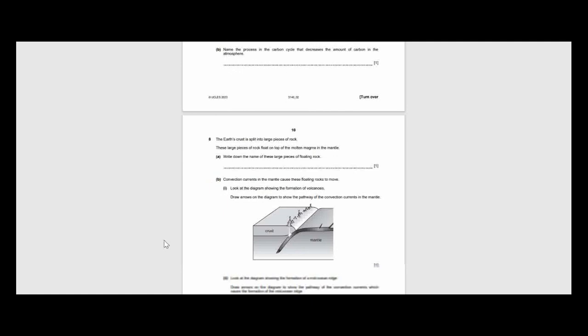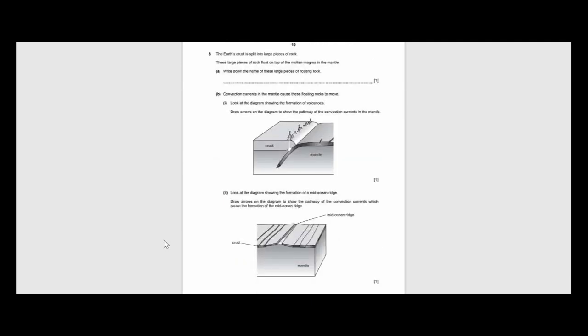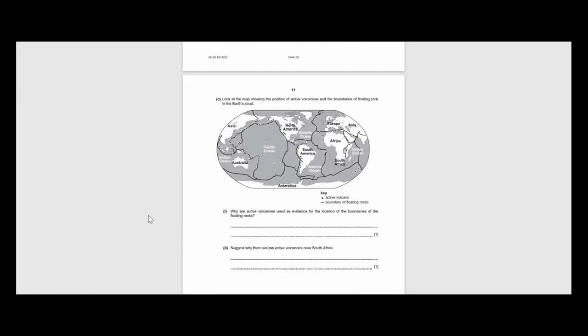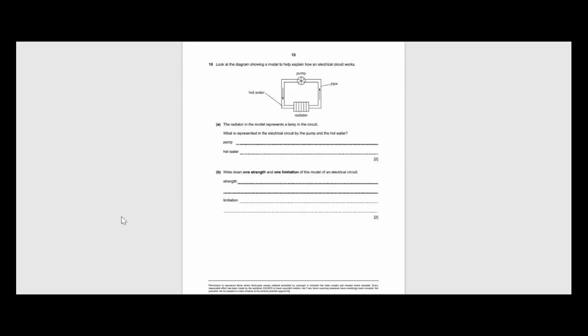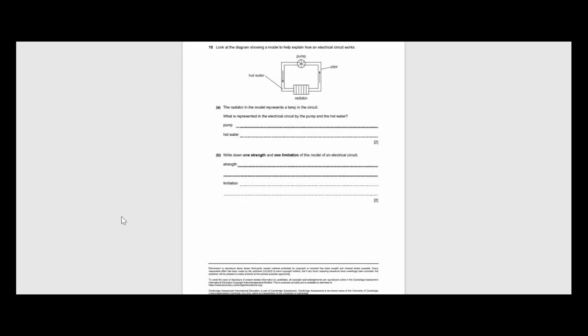Next is questions 6 and 7. And then question 8, AB, part 1, part 2. Question 8C, part 1, part 2. And question 9 and question 10. That's it for this paper. I'll see you in the next video.